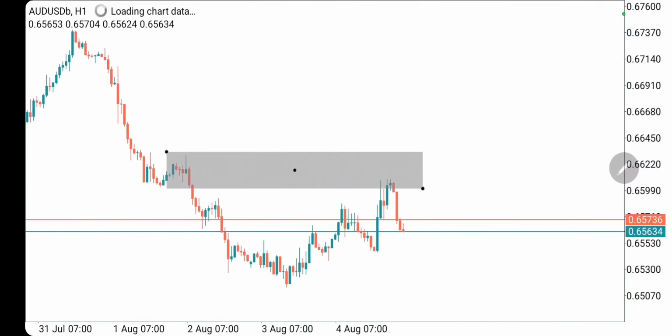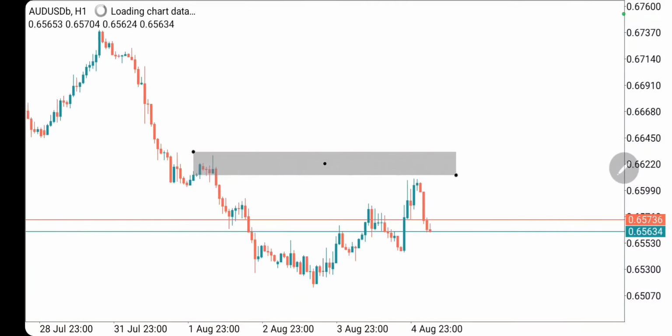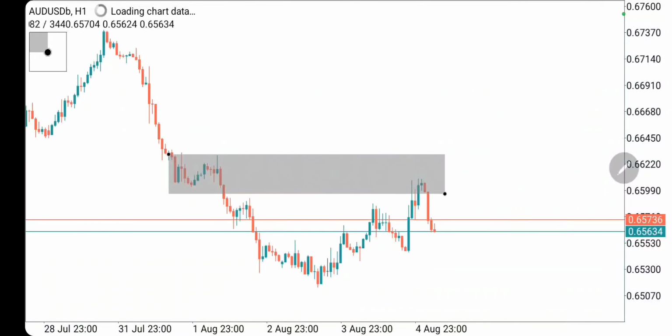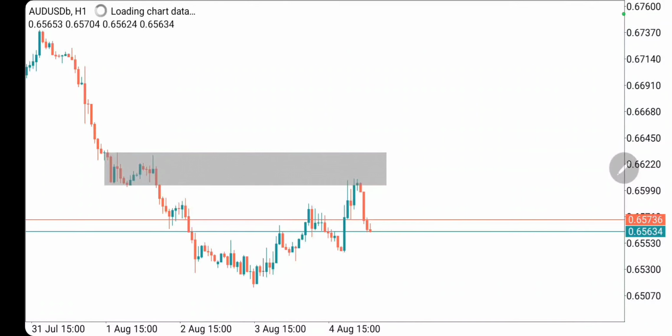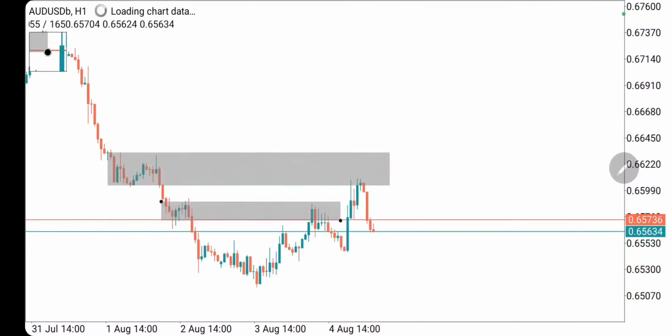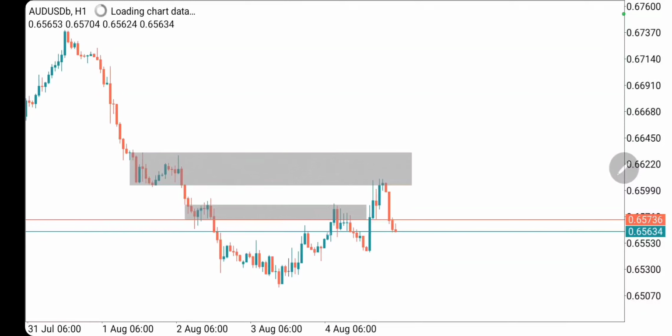You can see that this is a supply zone on AUD USD. This is another supply zone that you can also use for this same example. The market came to this supply zone, broke structure, and sold. But this is another one as well.